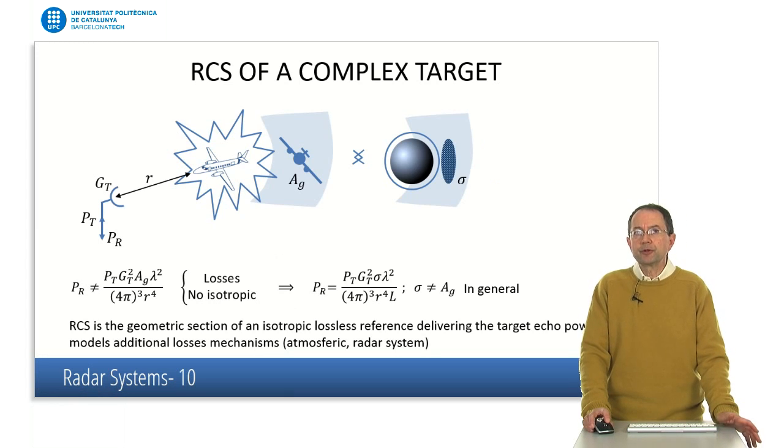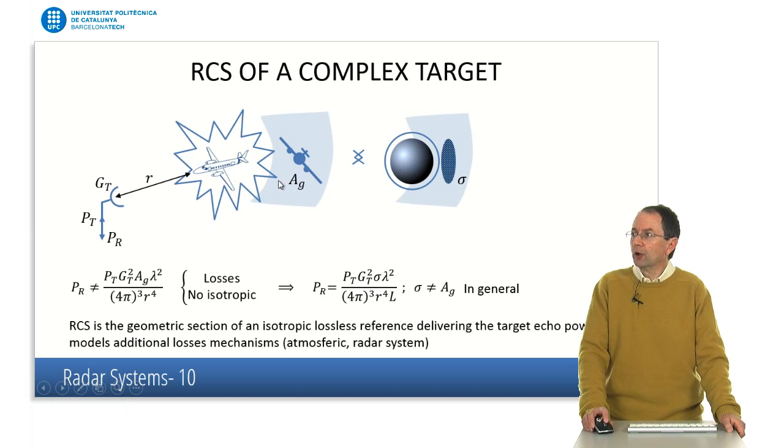Now, this was for a simple reference target. What's going to happen with a real target, like an aircraft, a ship, a tree, for example? Well, things are going to be more complicated because this target is not isotropic. You see now the radiation pattern has a lot of maxima and minima.